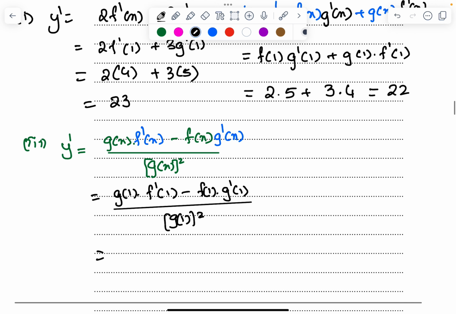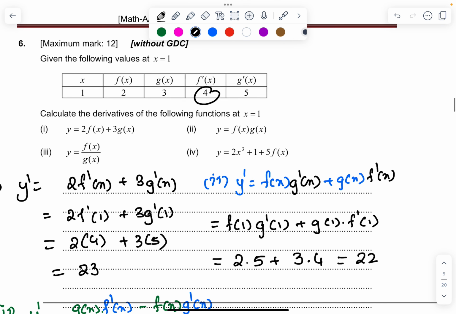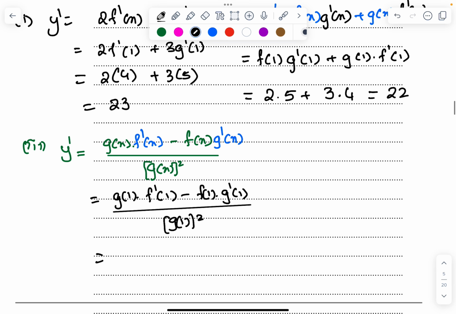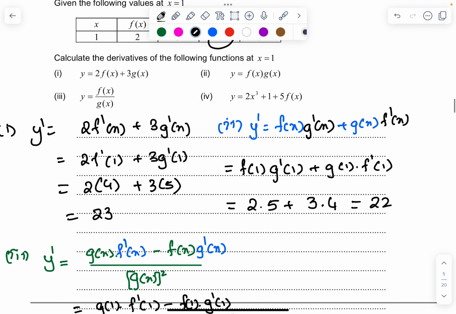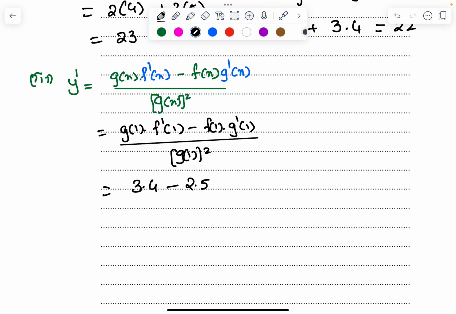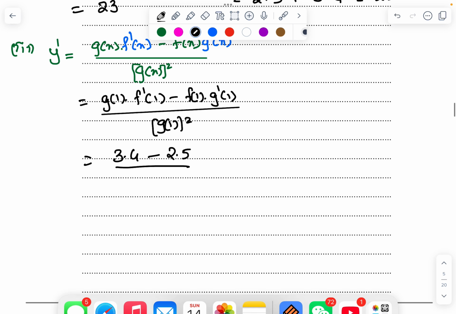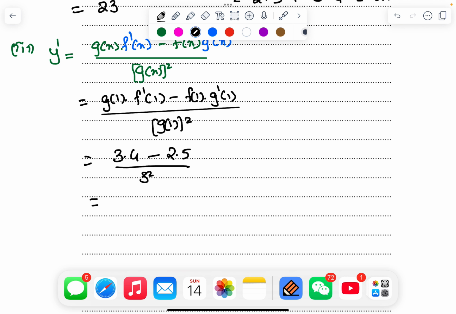So when I plug in the values, g of 1 is 3, f prime of 1 is 4, 3 times 4 minus f of 1 is 2, g prime is 5, divided by g of 1 is 3, 3 square, which is going to be 12 minus 10, 2, 2 upon 9.